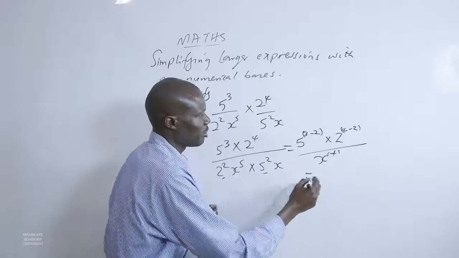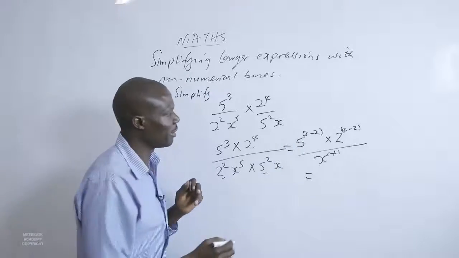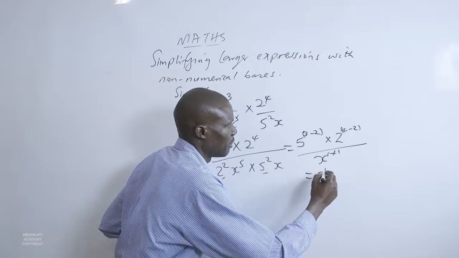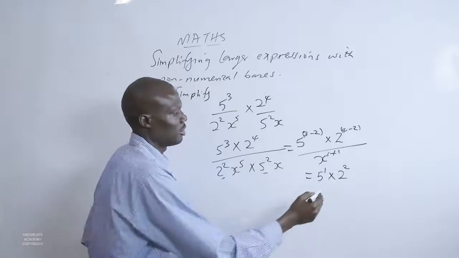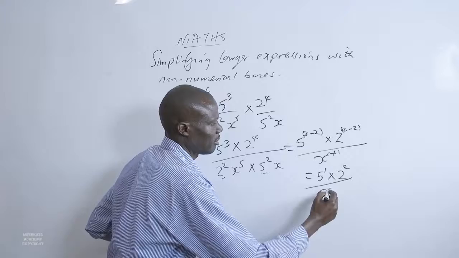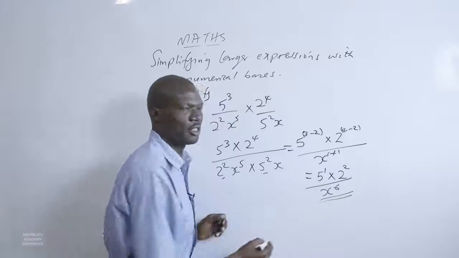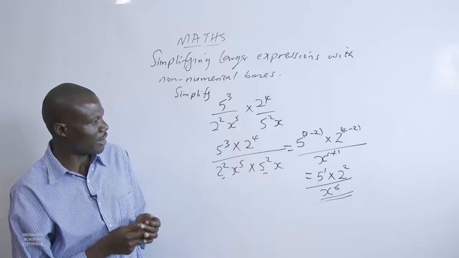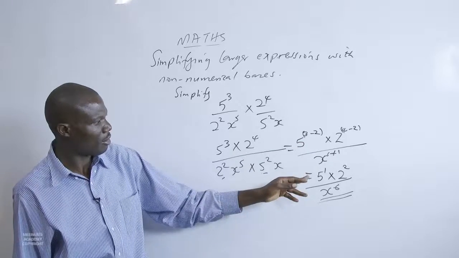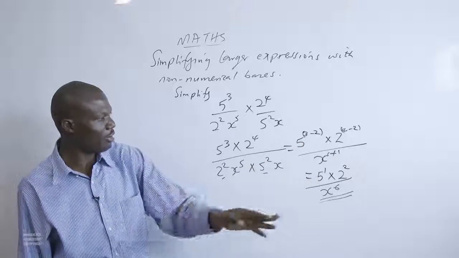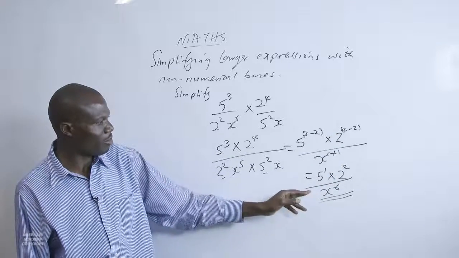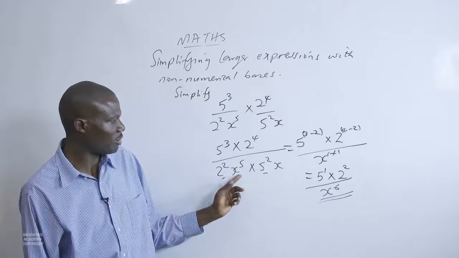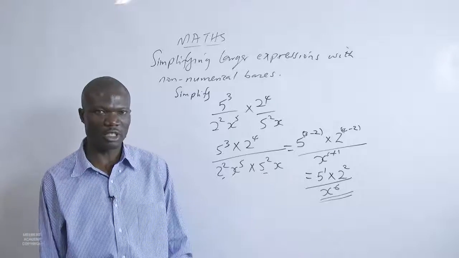So this one will give us 5^1 times 2^2 divided by x^6. This will be our answer. 5^1, which is just 5, times 2 minus 2 is 2, so 2^2, divided by the product of x^5 and x^1, which is x^6.